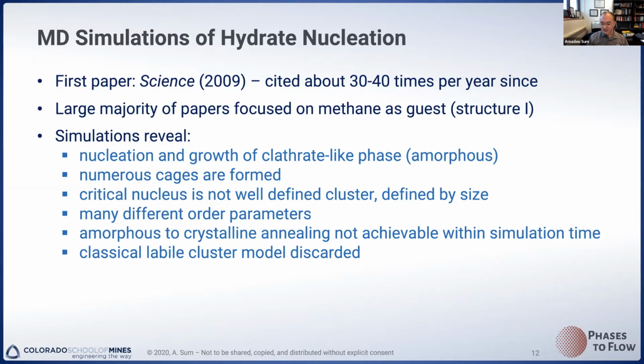There have been many other parameters developed and used to monitor or track the evolution of the system. We have seen from these studies that amorphous to crystalline annealing is really not achievable within the simulation time that most of us can afford.